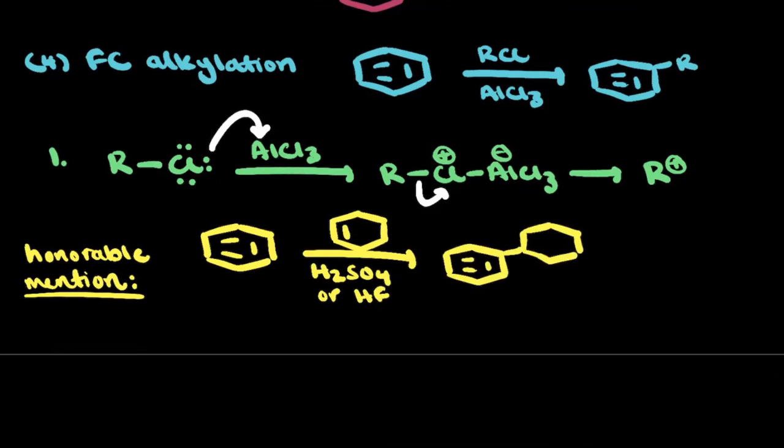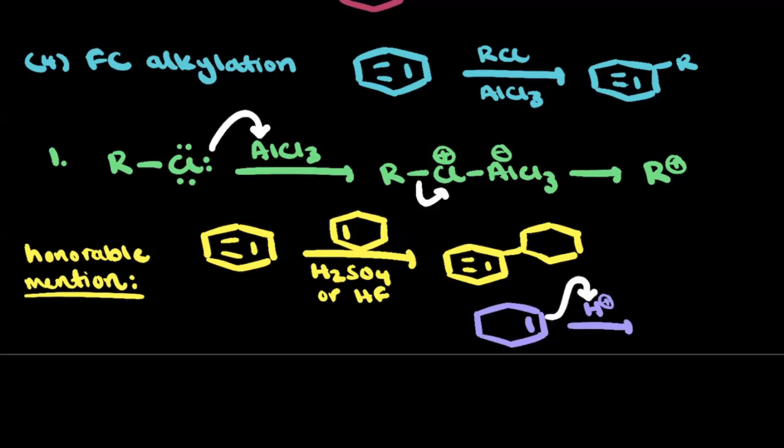Friedel-Crafts alkylation works very similar to this. Essentially, you're going to use the acid that you have here in order to form a carbocation from this reagent here. So it's just a matter of a reaction that looks something like this. You would use that double bond, then use whatever acid, either sulfuric acid or hydrofluoric acid.